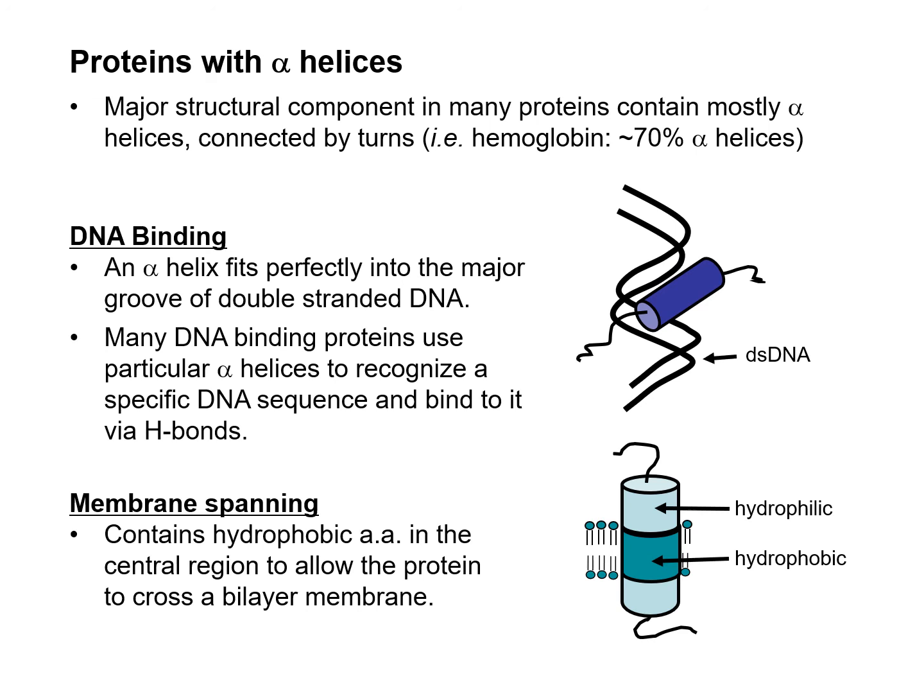And also, there are alpha helices that span the membrane too, in which case the alpha helix contains hydrophobic amino acids right in the center of this helix to allow the protein to cross the bilayer membrane and be stuck there and stabilized by hydrophobic interactions.